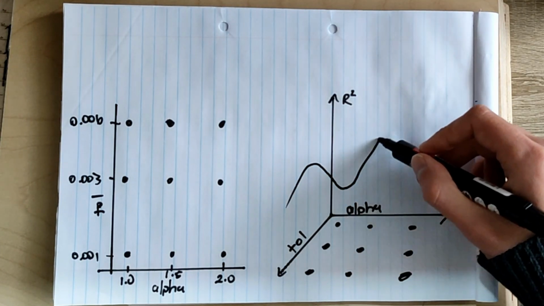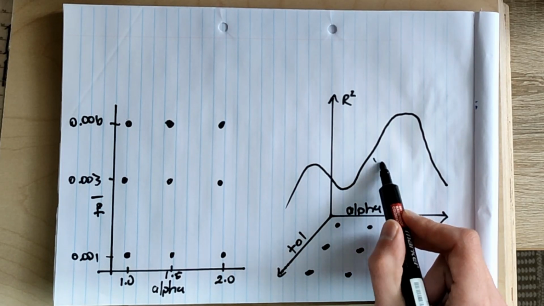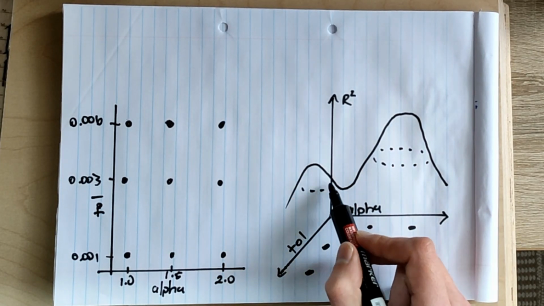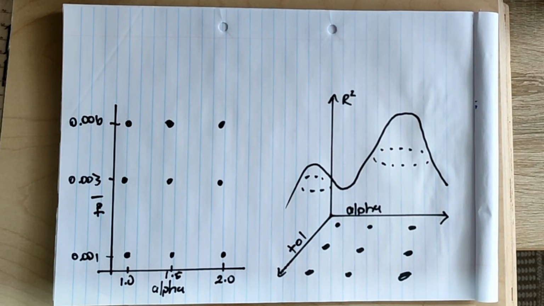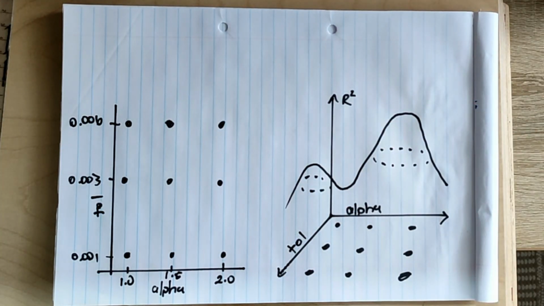So the actual value looks something like this, mapped out. Assuming we knew exactly what R squared looked like, this is what the R squared function would seem to be, or what it would look like illustrated on a 3D plot.